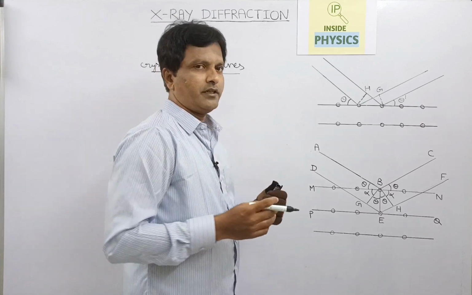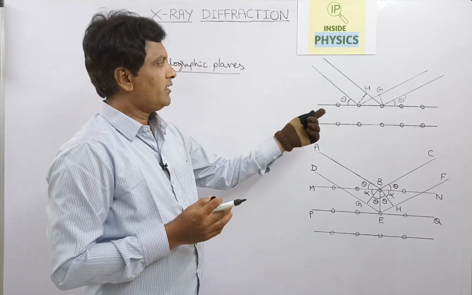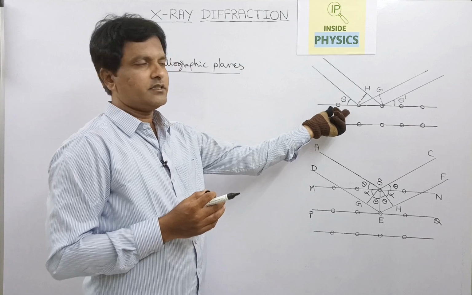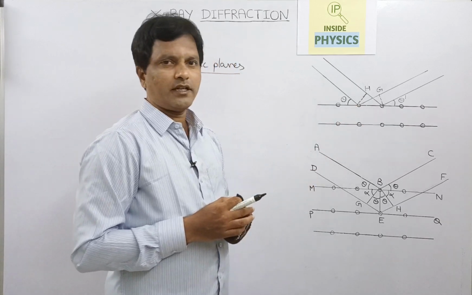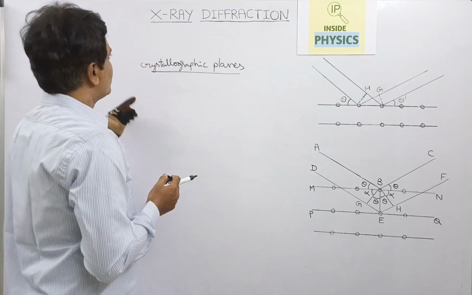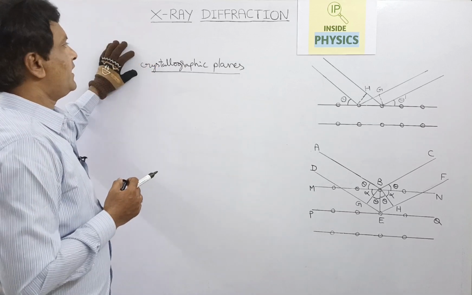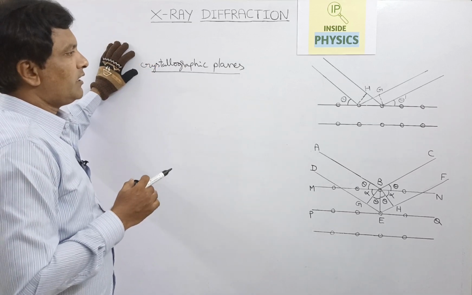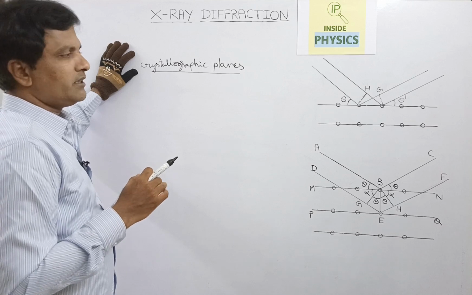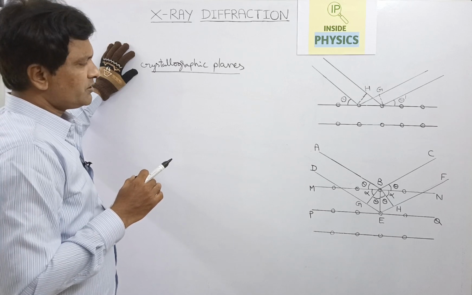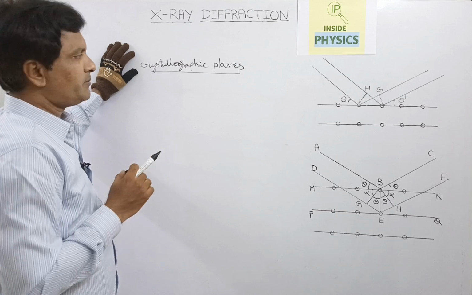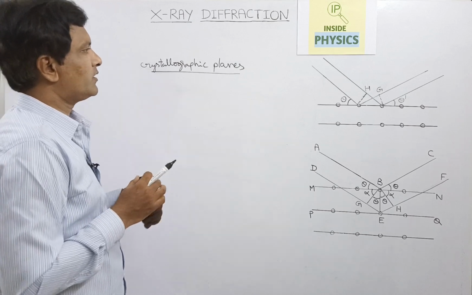The lattice point is where the atom resides, and that point is called a lattice site or lattice point. So crystallographic planes are lattice planes on which the atomic arrangement is systematic.